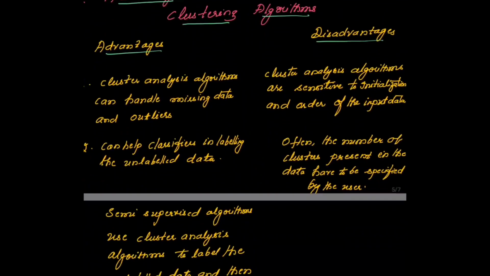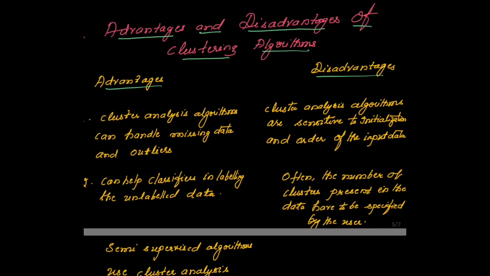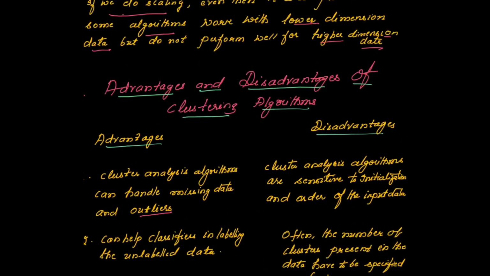Now what are the advantages and disadvantages of clustering algorithms? Cluster analysis algorithms can handle missing data and outliers. This is one of the advantages, as missing data is a big challenge in machine learning, but clustering algorithms handle that, and even outliers. What are outliers? Outliers are the points that are significantly different from the rest of the data.